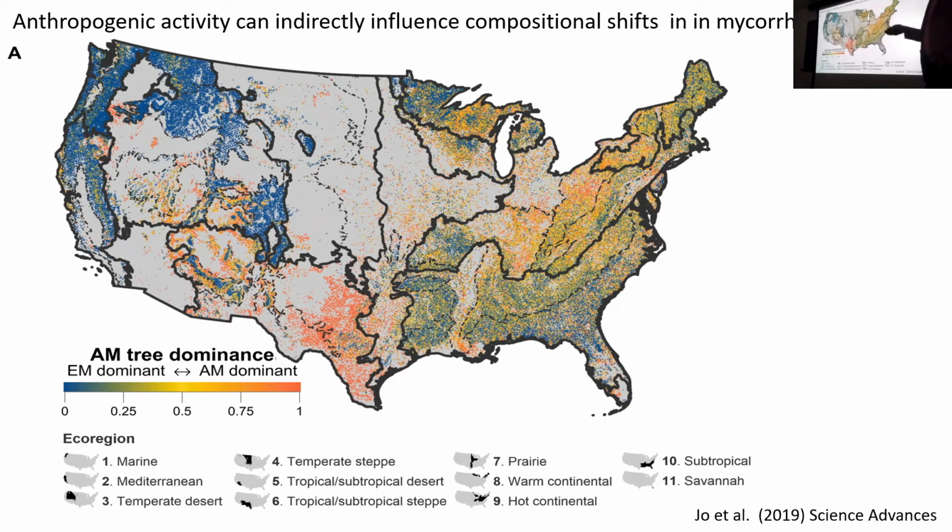Because ectomycorrhizal fungi are descendants of brown rot fungi, that means they have lignocellulolytic capabilities. They could span this biotroph-saprotroph continuum where they're biotrophs, they're obligates, they're mutualists, but they could also modify soil organic matter and contribute as decomposers.